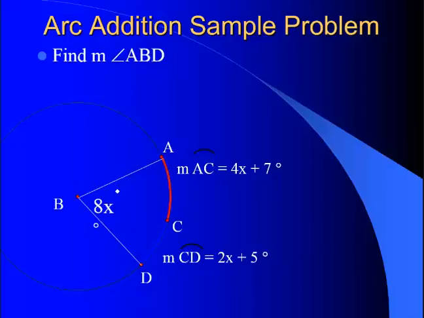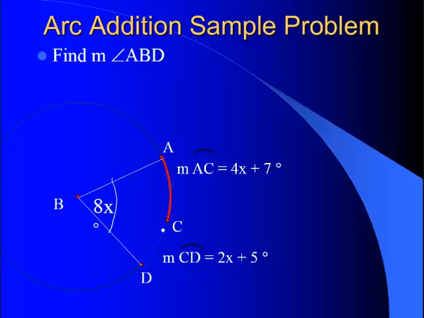We're looking for this angle. Well, it's the same as the arc that it makes, this arc AD. We don't know arc AD, but we know that we can put arc AC and CD together to make that one big arc.